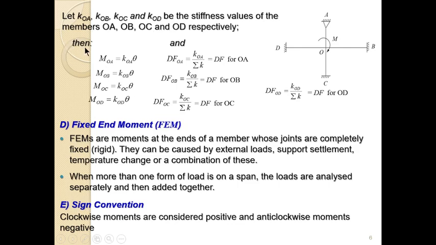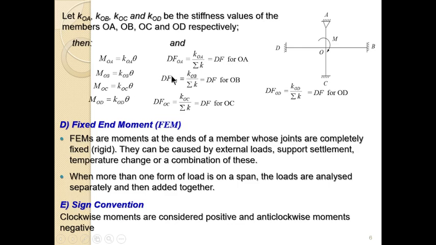Then you can say that the distribution factor of member OA will be the stiffness of member OA divided by the sum of the stiffness of all the 4 members. That is what is called the distribution factor for member OA.